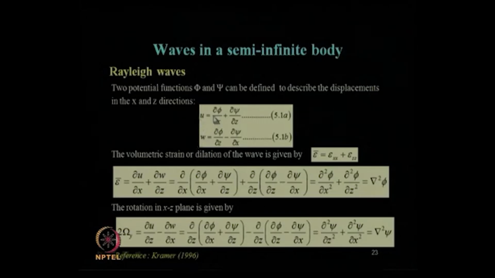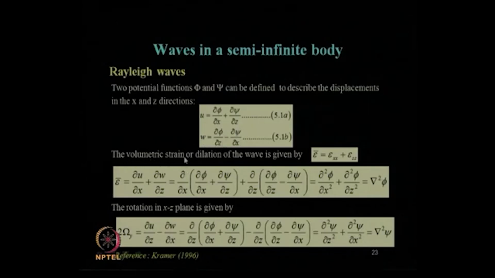So, u can be expressed as del phi by del x plus del psi by del z, and w can be expressed as del phi by del z minus del psi by del x. So, through these potential functions, the displacement with respect to the coordinate directions can be expressed in this format.